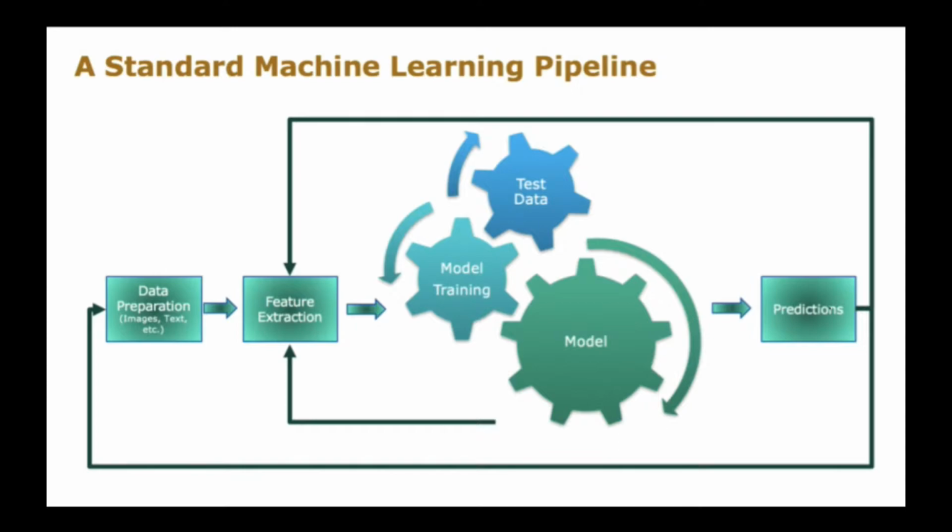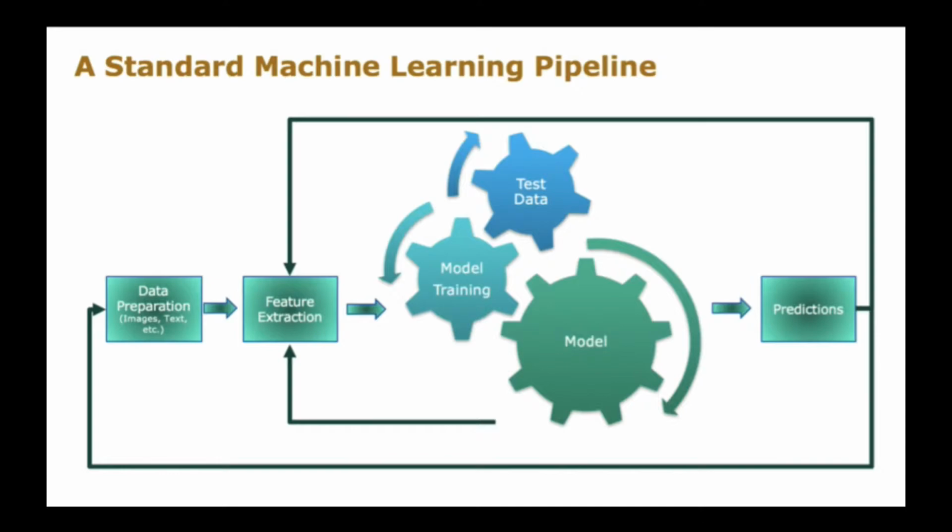And then you want to have predictions. Now, if the predictions aren't good, you see this arrow going back to feature extraction and model creation and testing. So it's a continual process of just tweaking everything and making everything better. So that's what all those arrows mean.